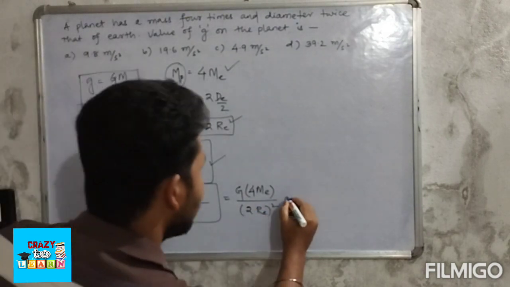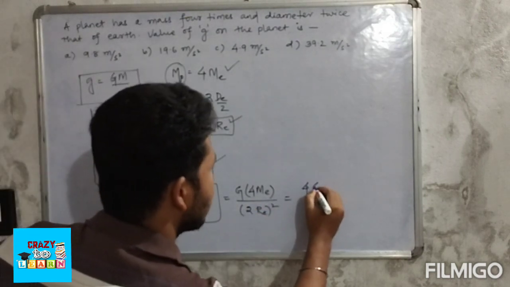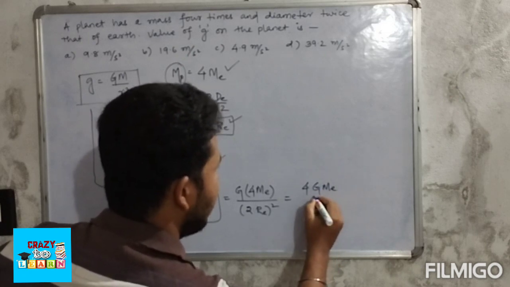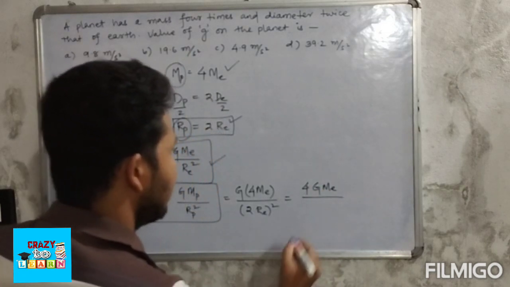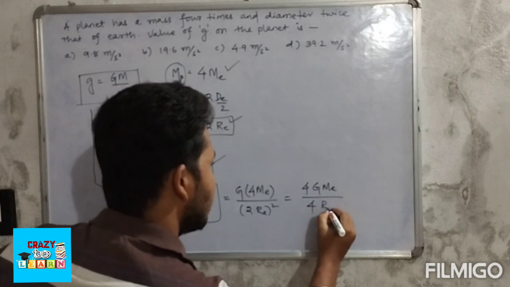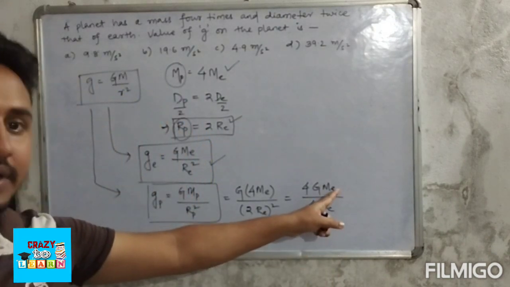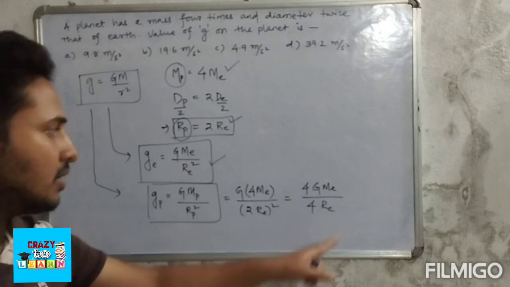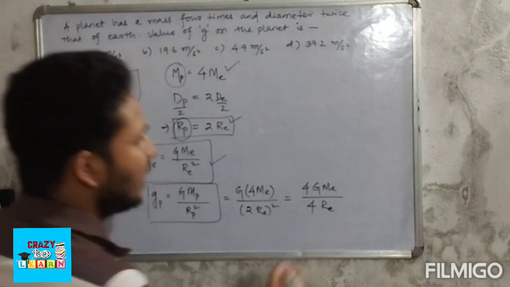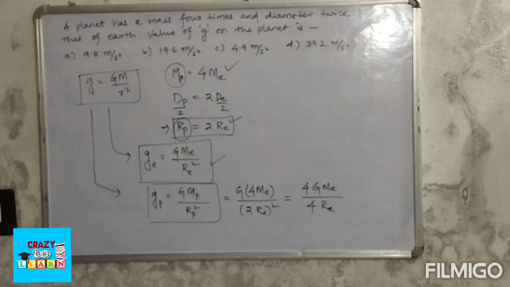Clear? So what will you get? 4 capital G M E divided by 4 R E square. E is subscripted here to represent the Earth, and R E means the radius of the Earth. Clear?